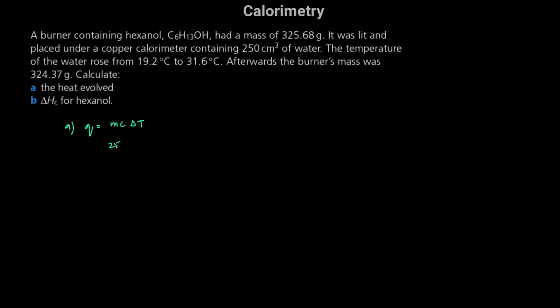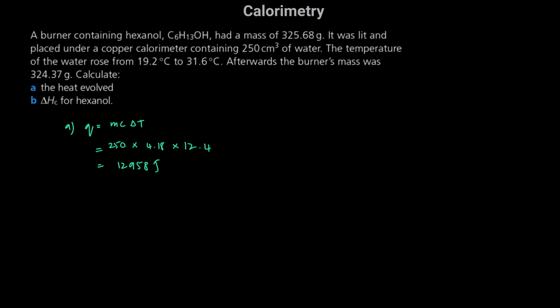The specific heat capacity is 4.18 joules per gram per Kelvin, and the change in temperature is 12.4 degrees Celsius, which is just 12.4 Kelvin for delta T. So then Q is equal to 12,958 joules. So that is the heat evolved, in joules.